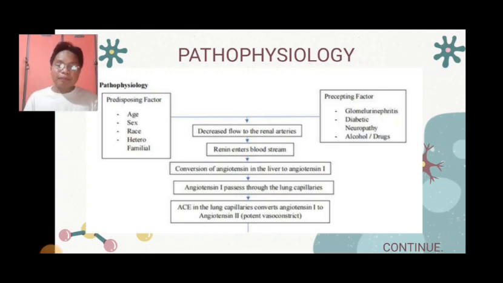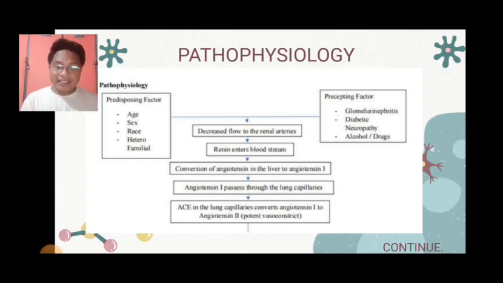And renin plays a crucial role in our renin-angiotensin system by converting angiotensinogen into angiotensin 1, which is further converted to angiotensin 2.